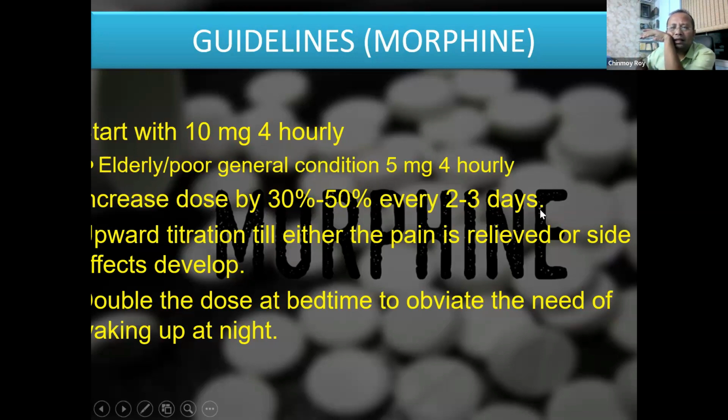This is also common: if you write 4 hourly, then the patient will have to get up from bed at night while sleeping to take one dose. So it is better to give a double dose before sleep, so that the 4 hours are covered.